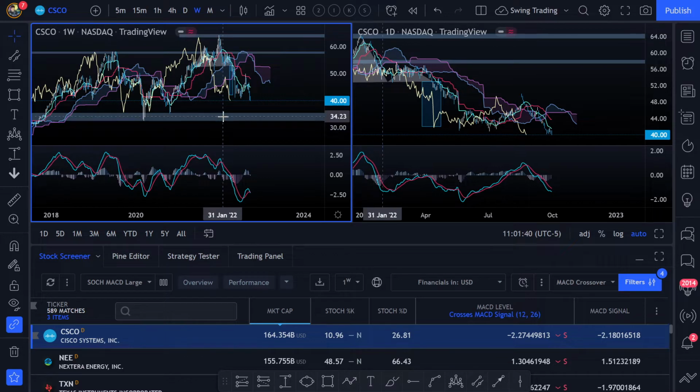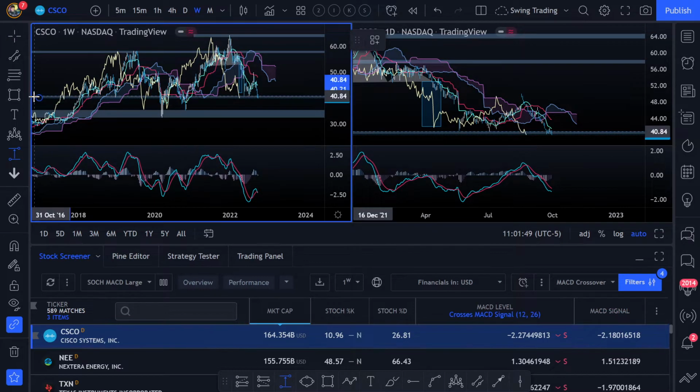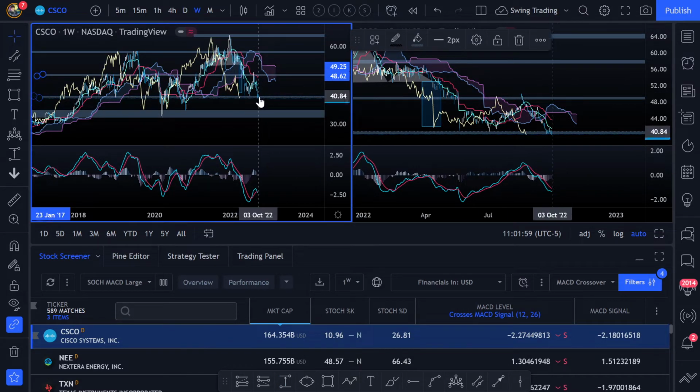I think the next target for this stock in the bearish scenario is, if the price is able to break below this 40 level, it might go all the way down to 33, which is previous resistance, and it acted as previous support back in March 2020.